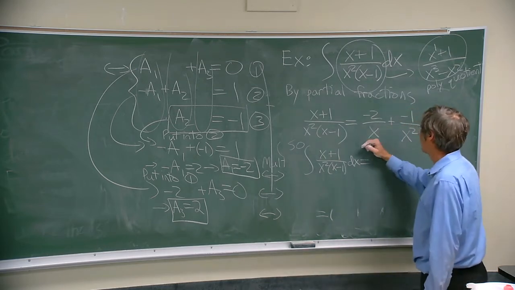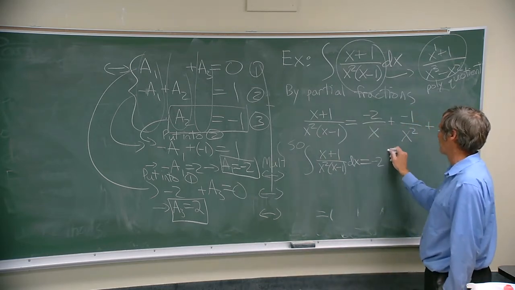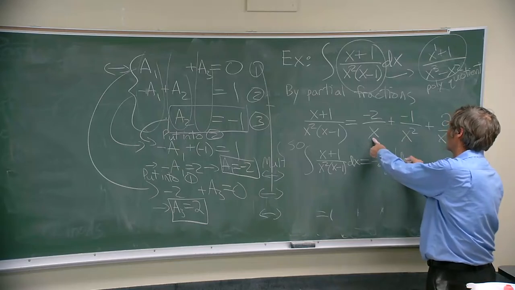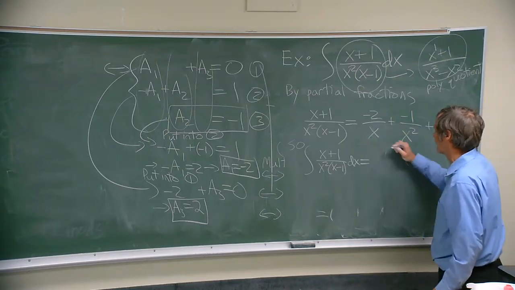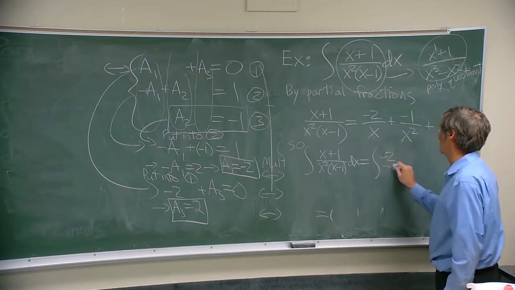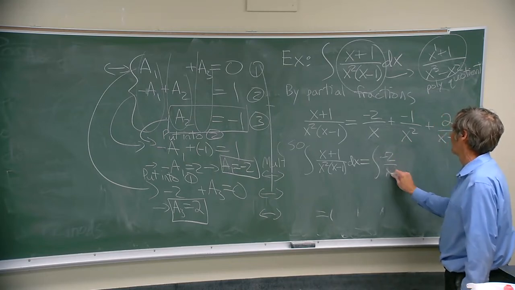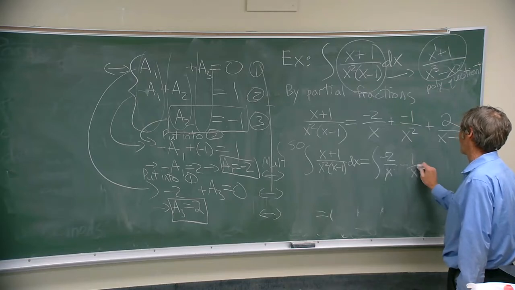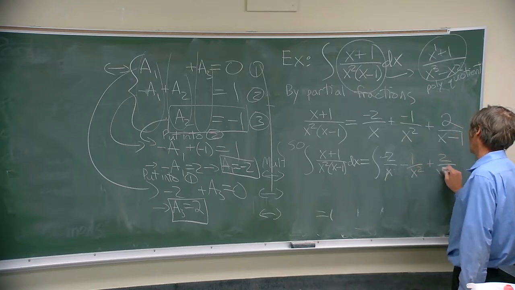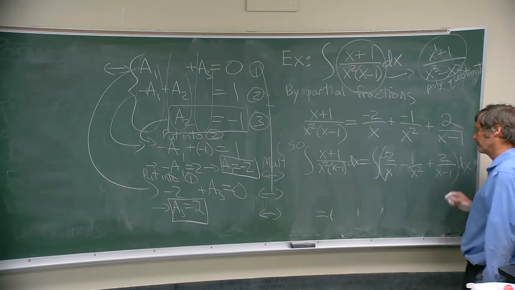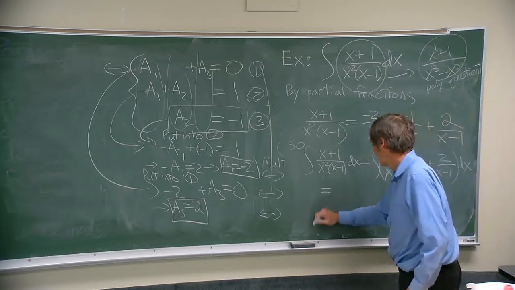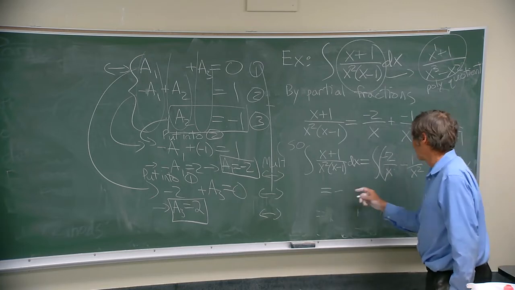So, when we want to integrate x plus 1 over x squared times x minus 1, we can instead integrate this sum. We integrate the whole thing, and then the integral of the sum is, well, let's write it out. Integral of minus 2 over x minus 1 over x squared plus 2 over x minus 1.